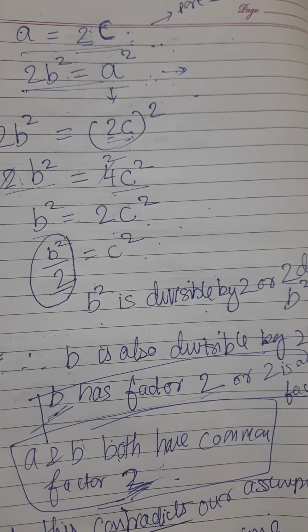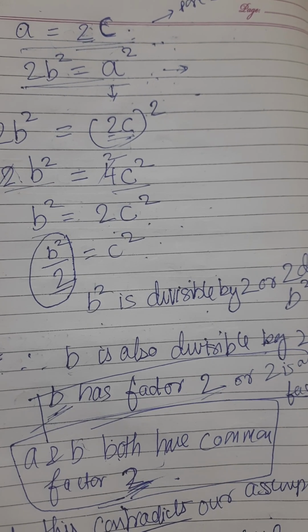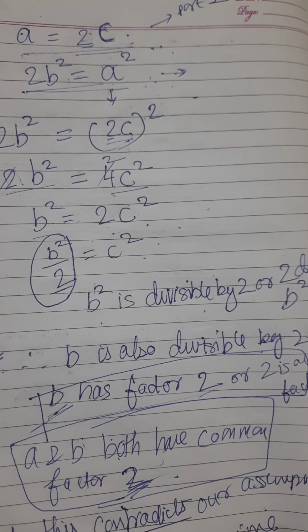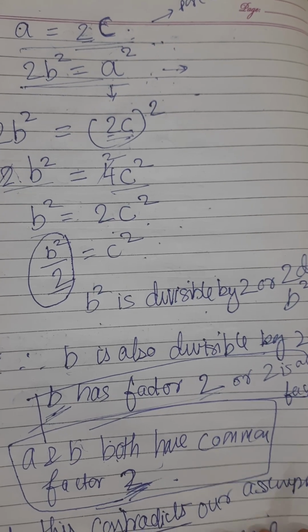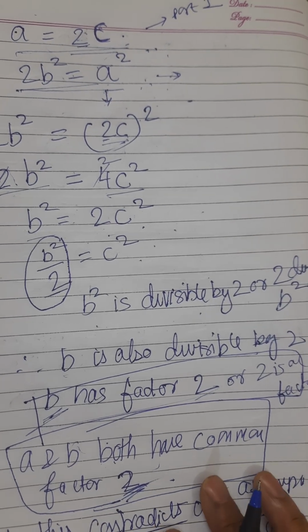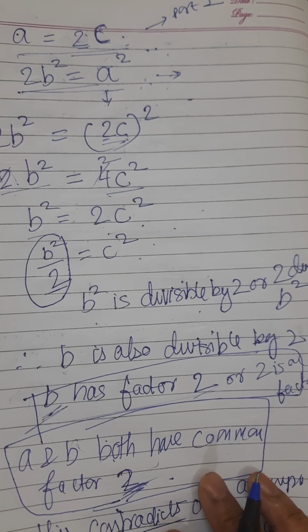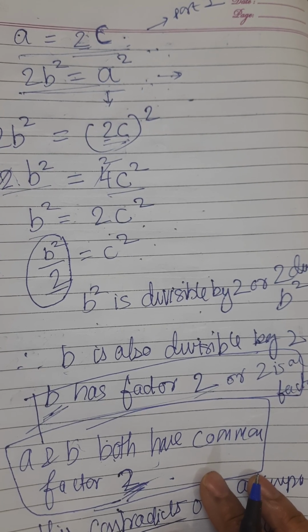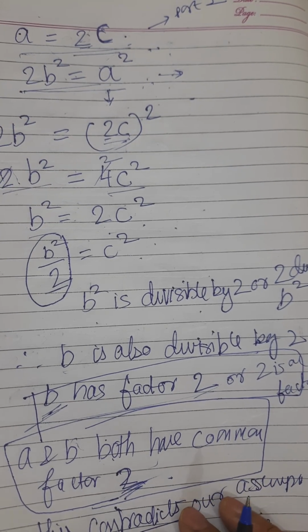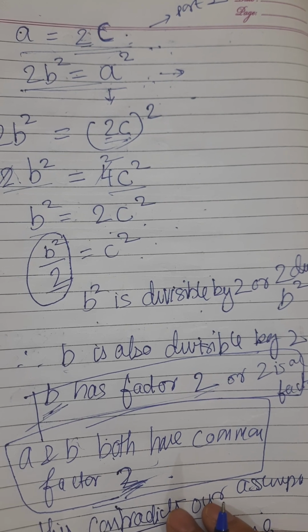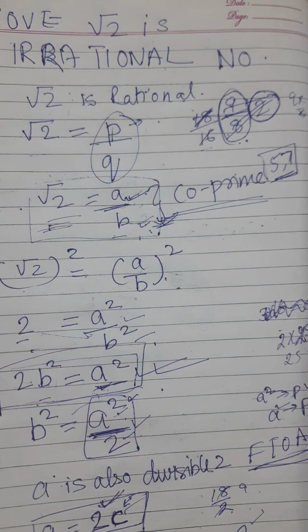Because our assumption is wrong, a and b are not co-prime, they have a common factor 2. So our whole assumption falls apart, and so we can no longer say that root 2 is a rational number, and if it's not a rational number, it's an irrational number.